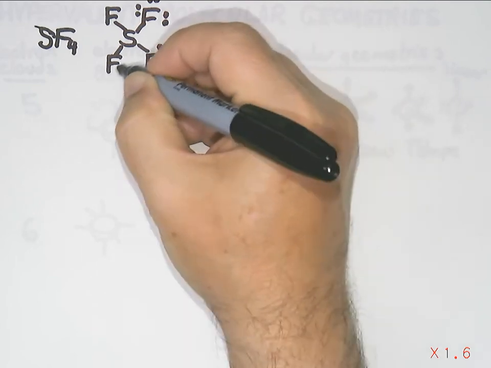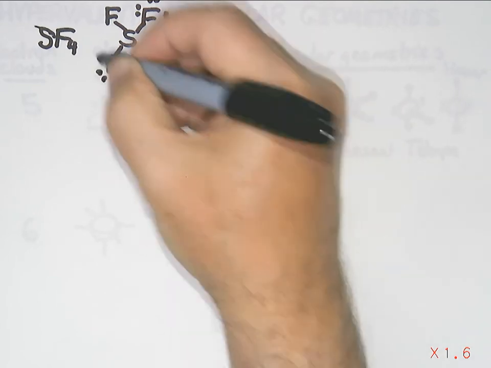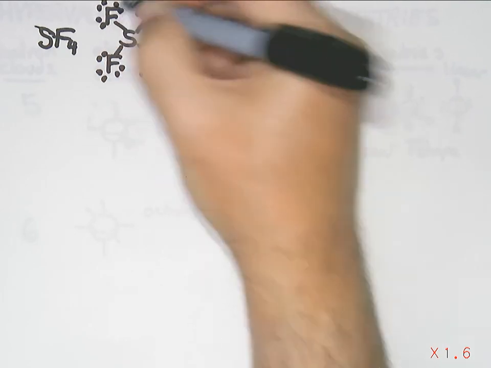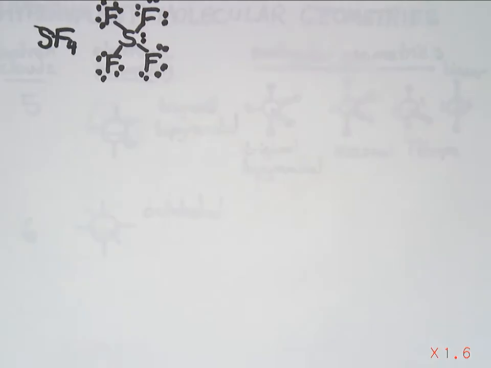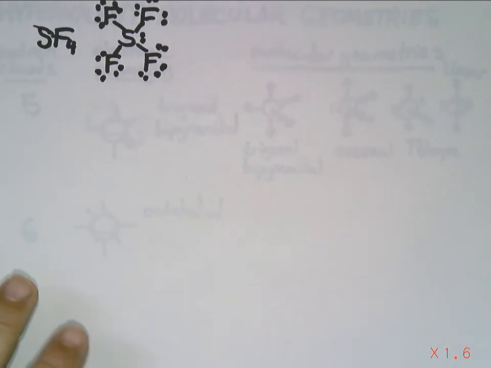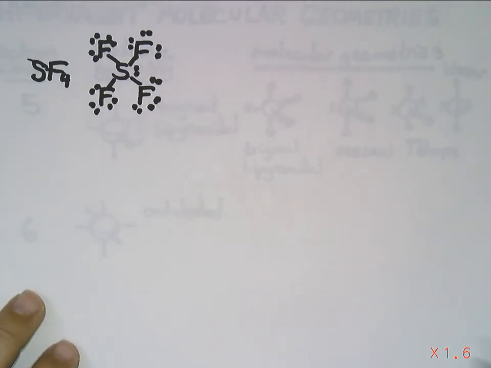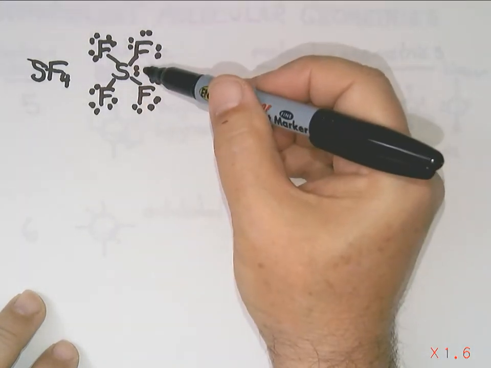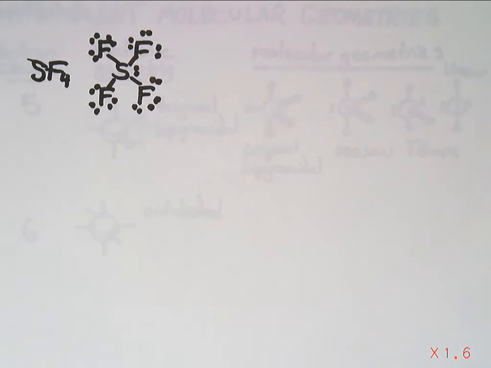Here's the Lewis structure. I'm just drawing it in real quick without doing the step-by-step. There were 6 electrons, or 3 lone pairs, around each of the fluorines, and there's an extra lone pair thrown on the sulfur in the center.